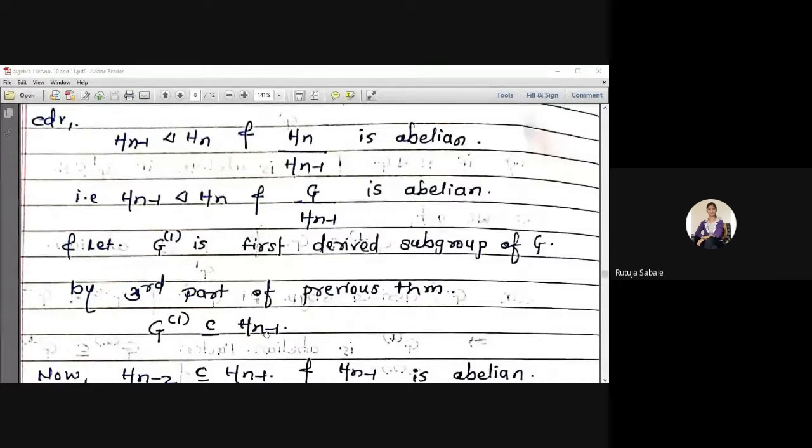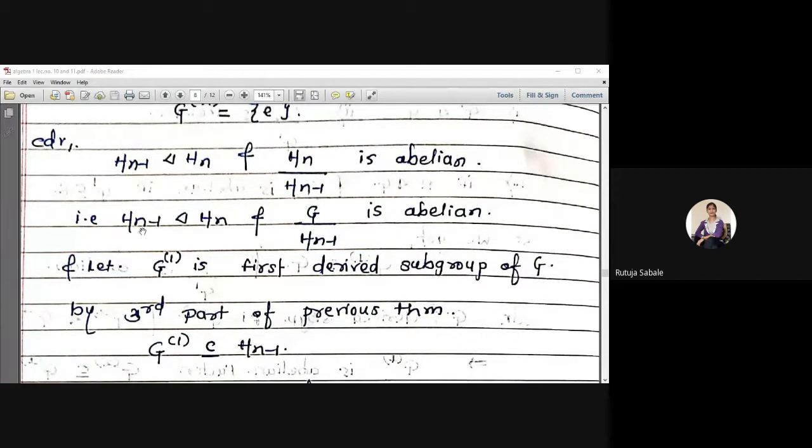Here, take Hn minus 1 as N: G by N is abelian, and N is normal in Hn.